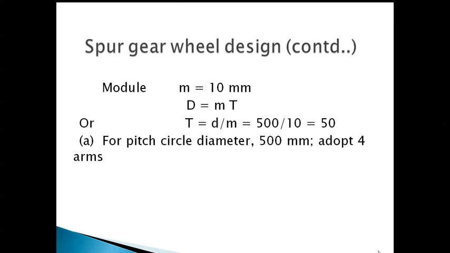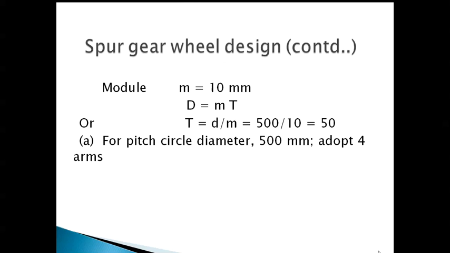For pitch circle diameter 500 mm, the number of arms will be 4. So already the proportions were given, like if the PCD is below 250, we can use the web. So if the PCD value is up to 500, we can use number of arms as 4.